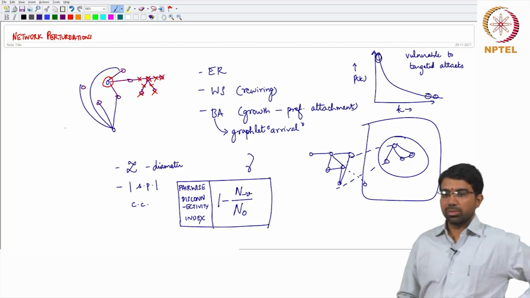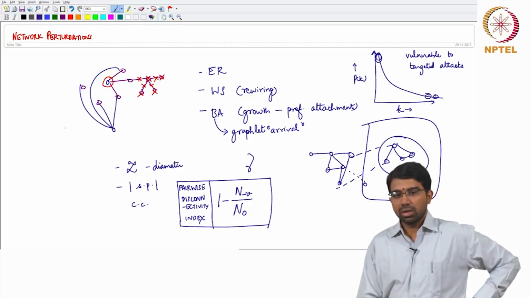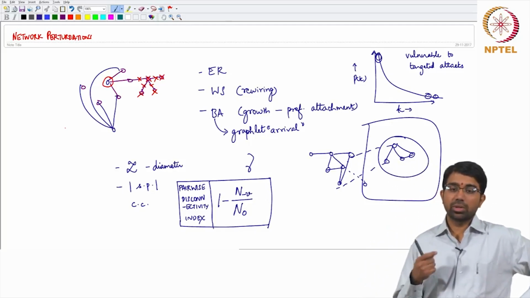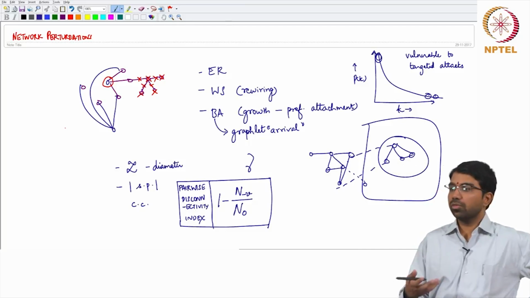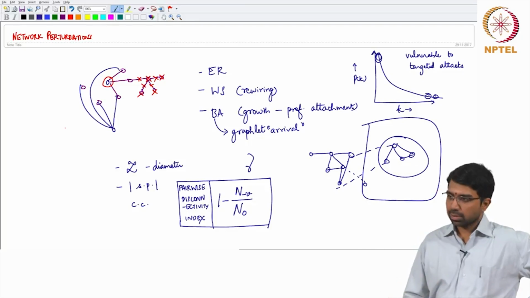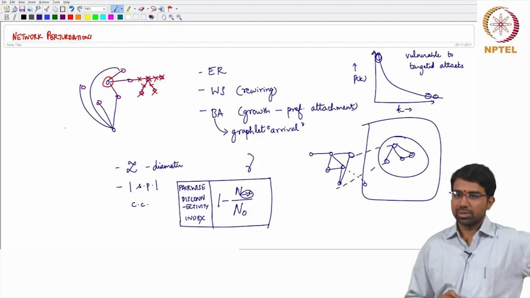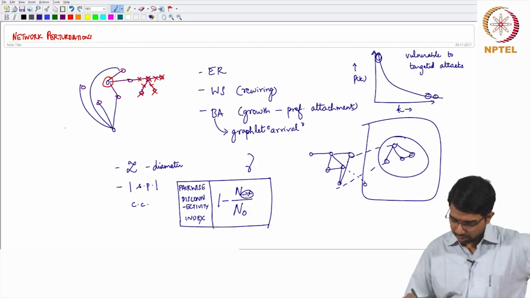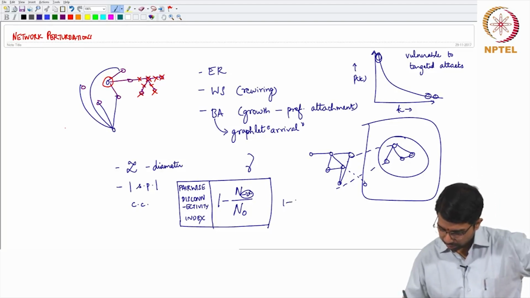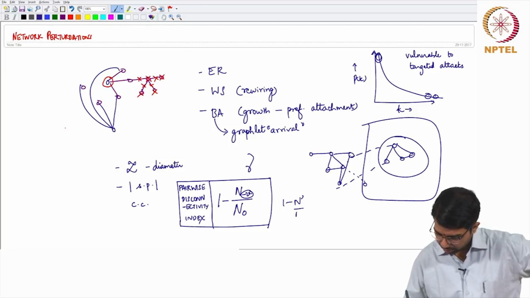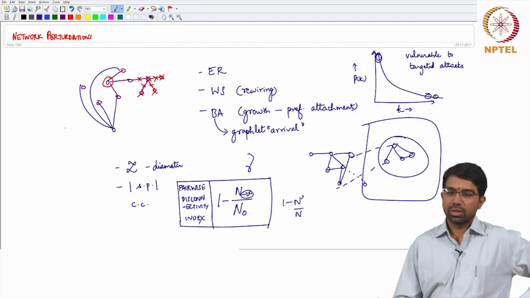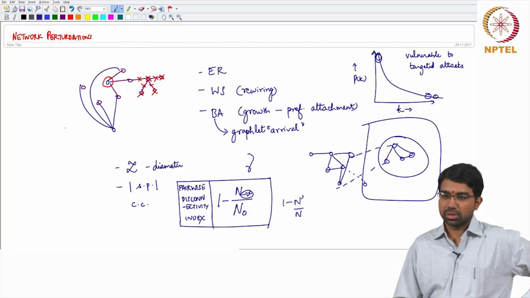You can come up with your own metric for trying to understand how a network disintegrates on the removal of nodes. So how would the metric change for multiple node removals? Whatever, you can just have some n, or let us just say 1 minus n dash by n, where N is the number of shortest paths in the network.